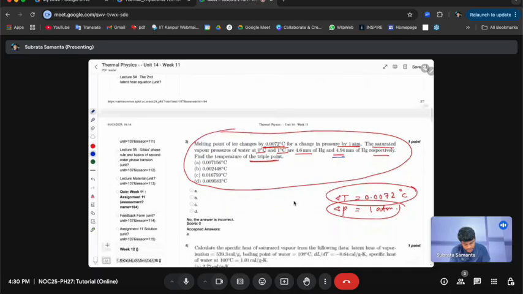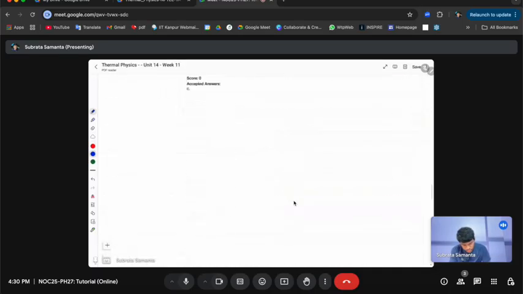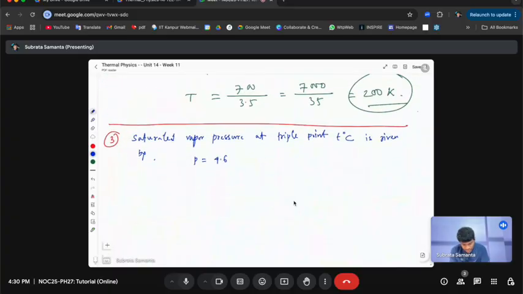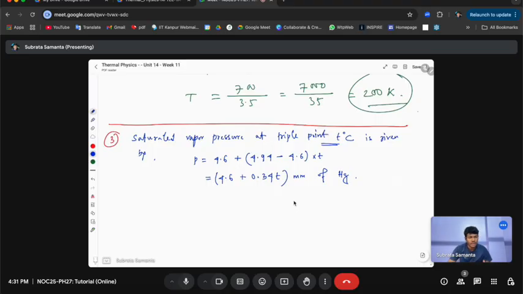So P equals 4.6 at 0 degrees centigrade plus the change, 4.94 minus 4.6, times T, since the triple point temperature is T degrees centigrade. So the pressure is 4.6 plus 0.34 times T, in millimeters of Hg.